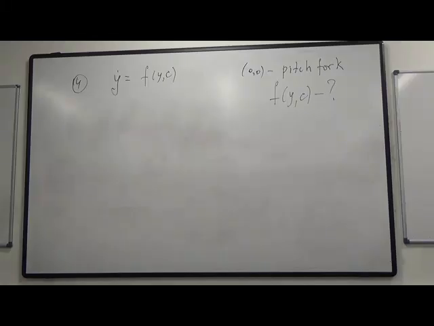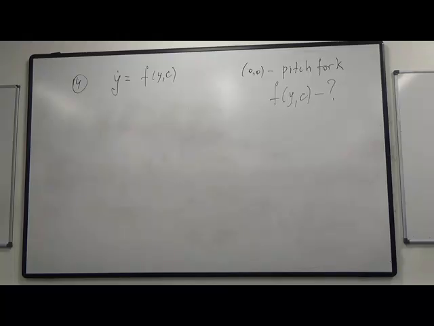So if at 0, 0 we have a pitchfork bifurcation, therefore at 0, 0 it should be an equilibrium. It should be a non-hyperbolic equilibrium. Then the degenerative condition for fold bifurcations should be satisfied, and then the degenerative condition for pitchfork satisfied, and then eventually, if everything is like this, and then the extra condition that should be non-zero exactly for pitchfork, then we will have a pitchfork.